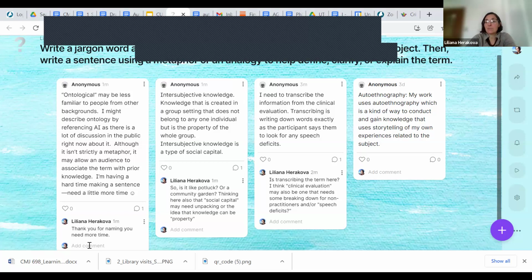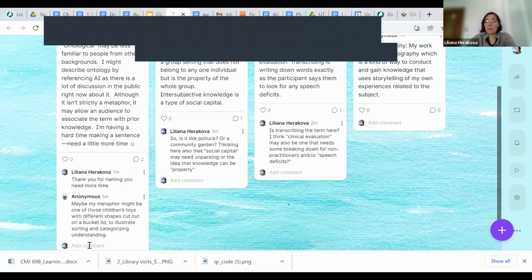Not everyone has had speech therapy, but all of us have gone to a doctor and have had those initial questions. So maybe think about a very common experience that people might have had and use that to make sense of these more complex practices and words.